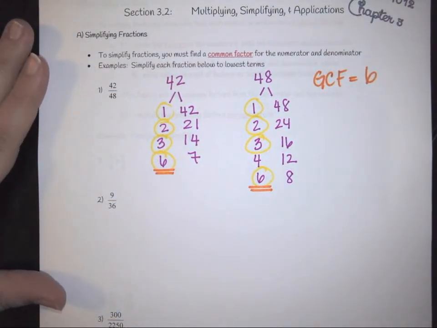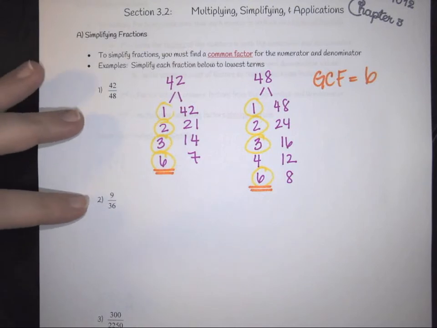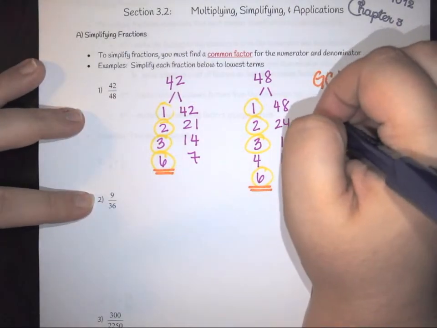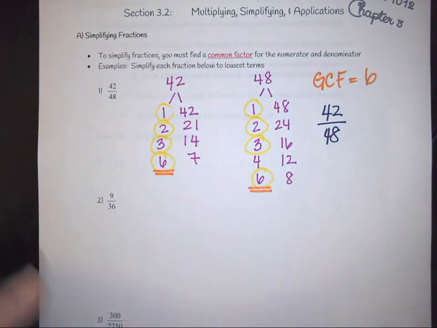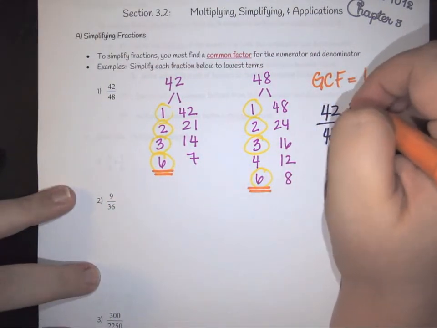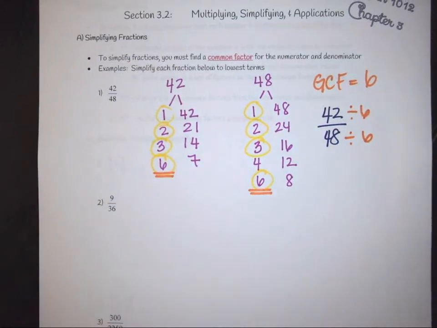So what do I do with that 6? Well, I take my 42 over 48, and I divide that 6 out of both top and bottom. That is going to reduce my fraction down as far as it can go.